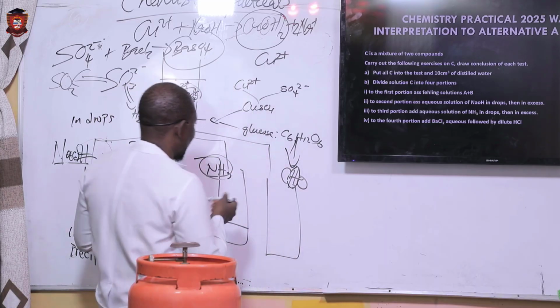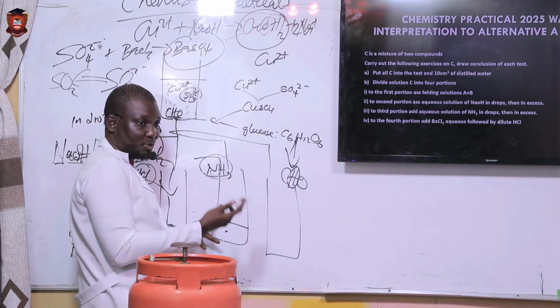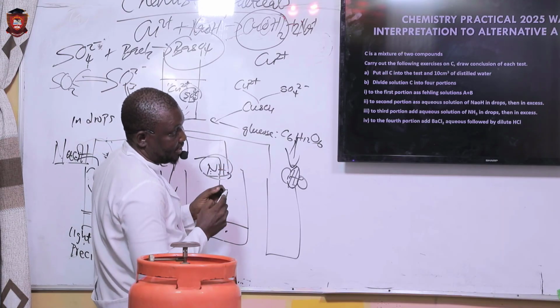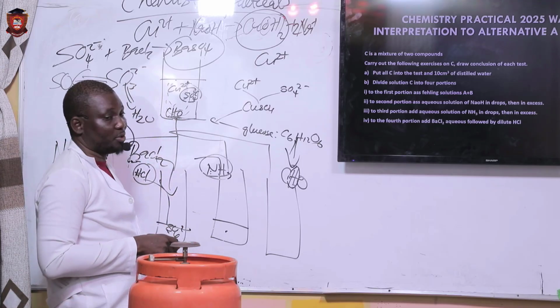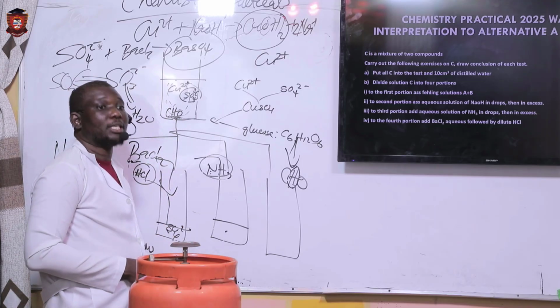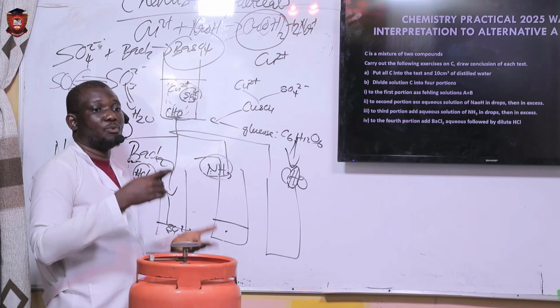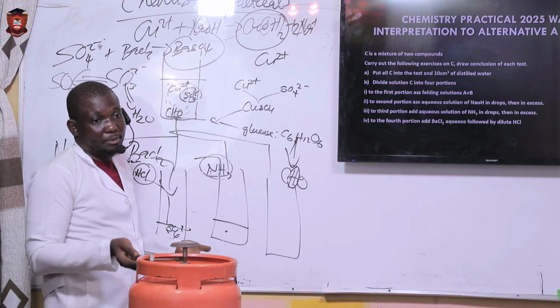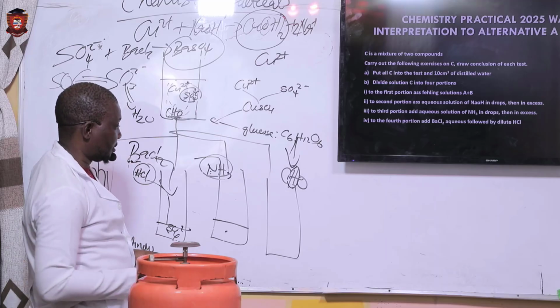That blue solution confirms that the ion here is what? Copper 2. So whenever you see ammonia in test analysis, it is used for confirmation of what? Cations. You can use it to confirm zinc, or to distinguish between zinc and aluminium. You can use it for most confirmatory tests. Most, not all confirmatory tests for ammonia.